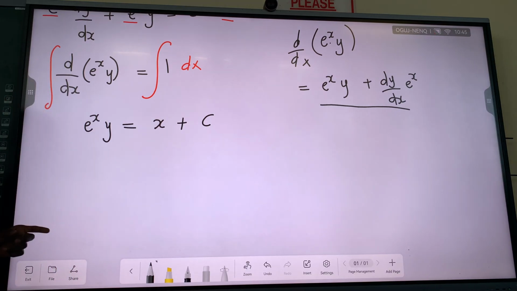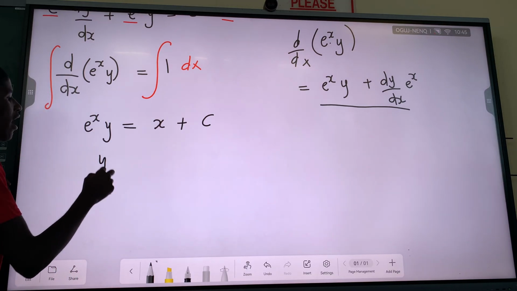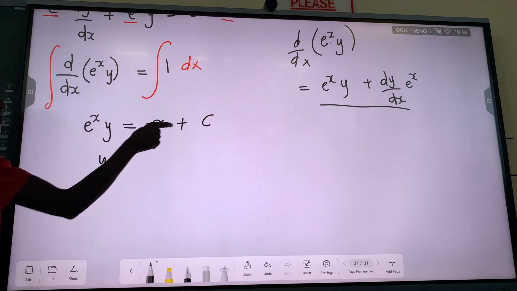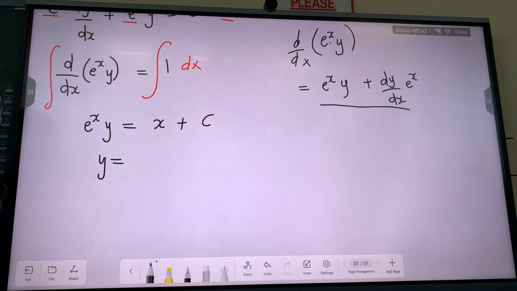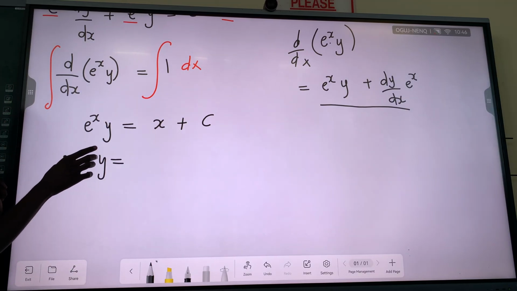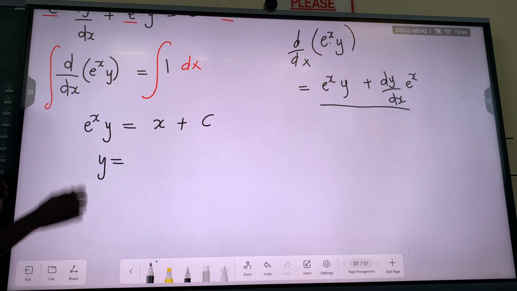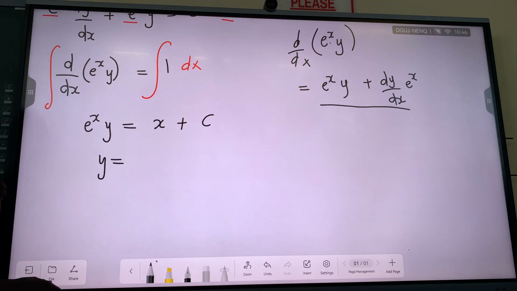Then solve for y. You get y by dividing by e to the power x on each and every part.